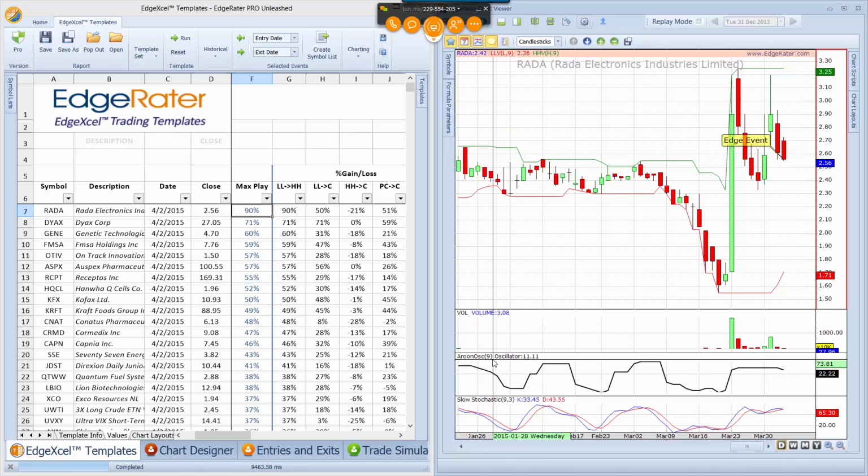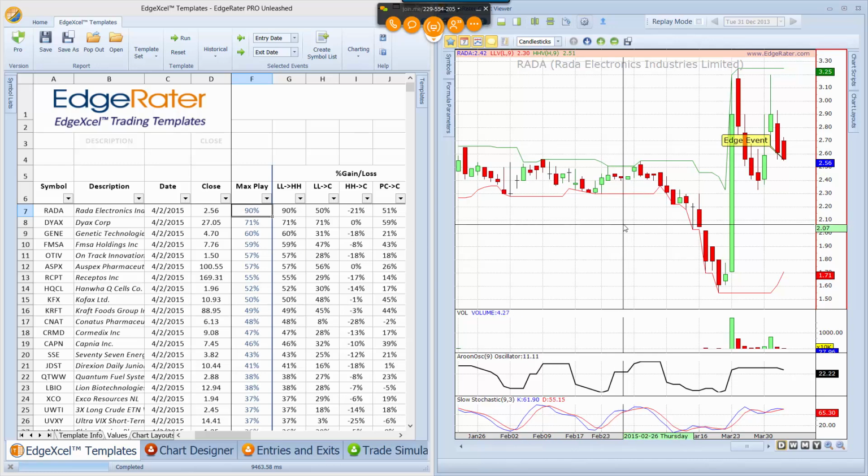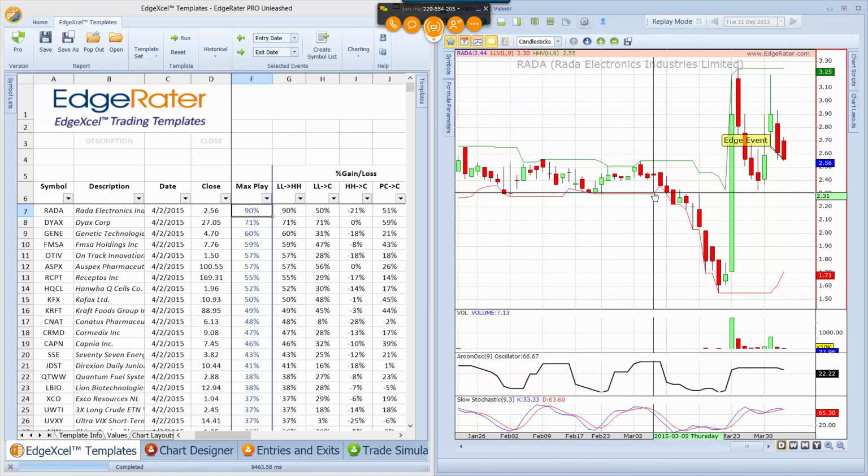The Aroon oscillator is a 9-day oscillator, and stochastics are set to a 9-day stochastic with a smoothing period of 3. So if I ran the template for a different period, and then I'm starting to browse through, the chart will be updated with the right indicators set to the right periods of time to look at. That's something you don't find everywhere or anywhere else, and so I think that's a very powerful thing to know about.